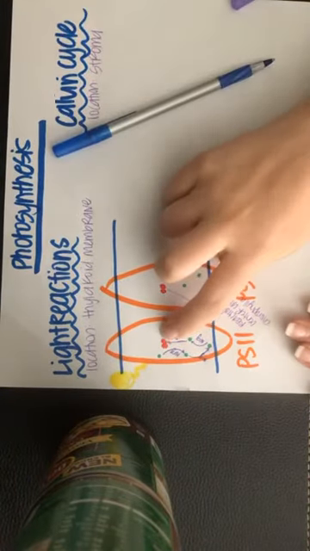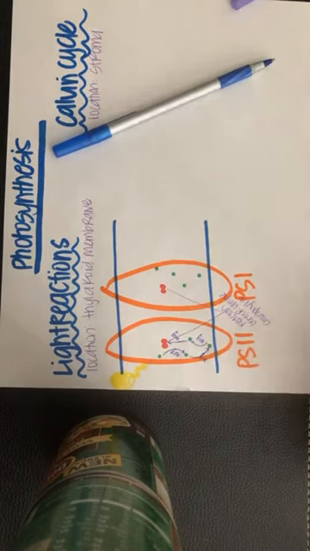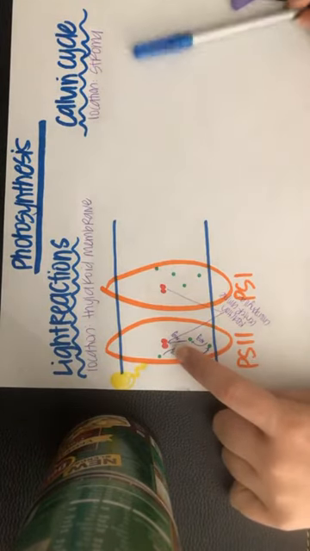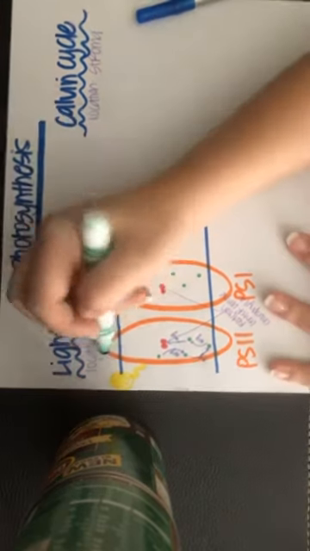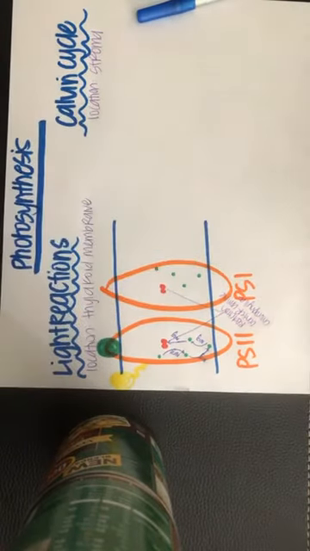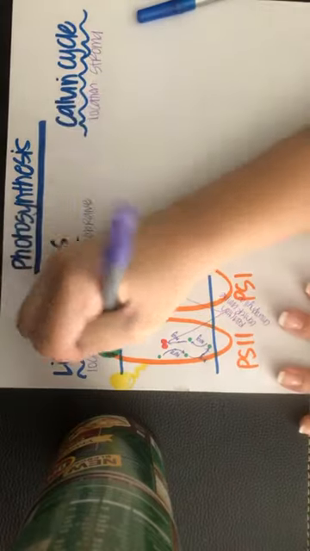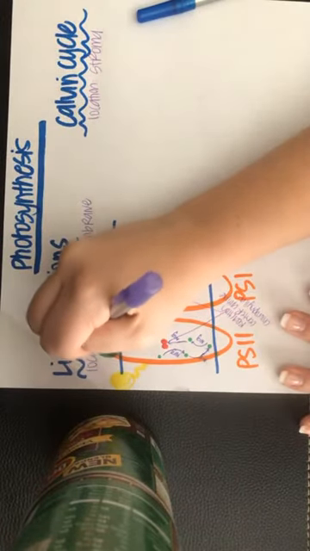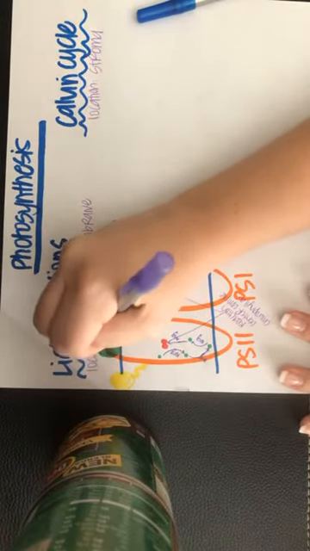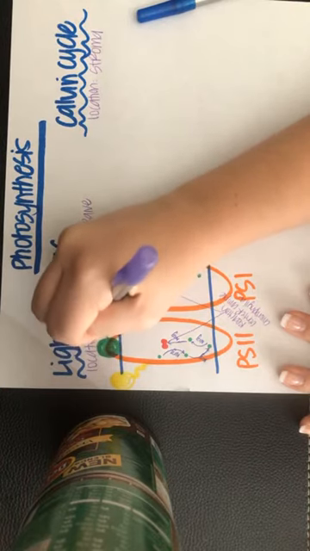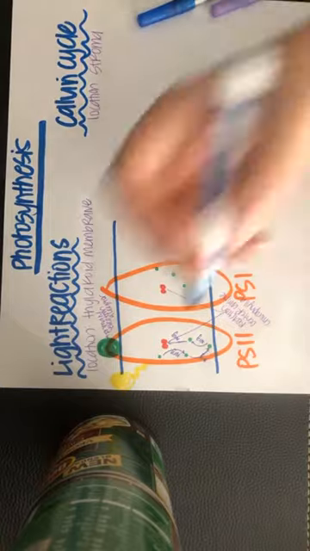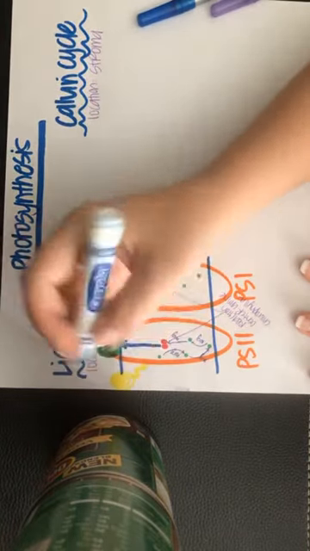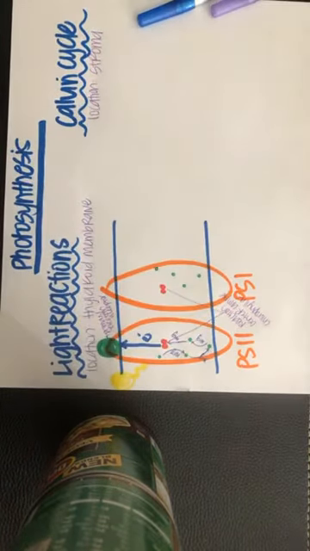When the electrons jump up to the higher energy state from the reaction center complex, there's going to be this thing at the top called the primary electron acceptor, and it actually steals the electron. So my electron is now stolen by my primary electron acceptor.